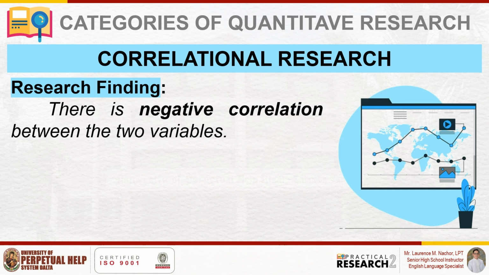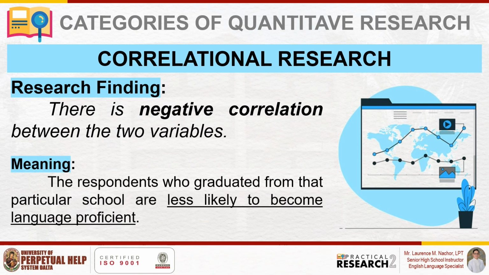This, however, does not necessarily mean that the students who graduated from other schools are not capable of becoming language proficient. In correlational research, it is not possible to establish what causes what. So the research finding is there is a negative correlation between the two variables, the language proficiency and the school where the students graduated.